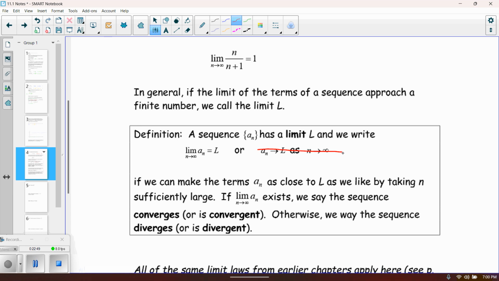And if the limit exists, we call the sequence convergent, or we say the sequence converges. Converging meaning going towards, converging onto something. So it means you're getting closer to. Otherwise, if that doesn't happen, then we call the sequence divergent.